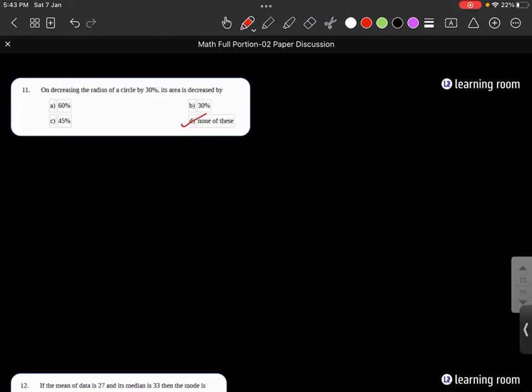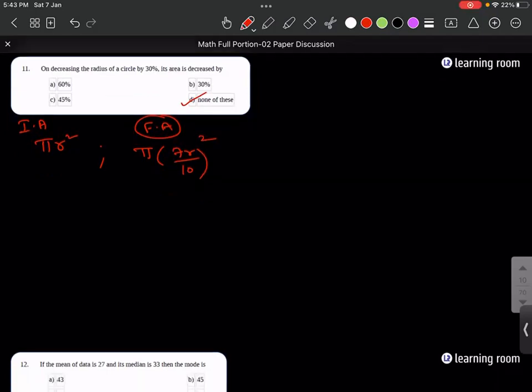So how did you proceed? So original area, if I take, original area is pi r square. This is the initial area. What about the final area? Pi into 7r by 10, the whole square. Right. So percentage decrease will be pi into 7r by 10 the whole square minus pi r square divided by pi r square into 100.